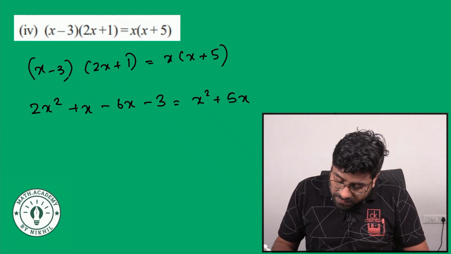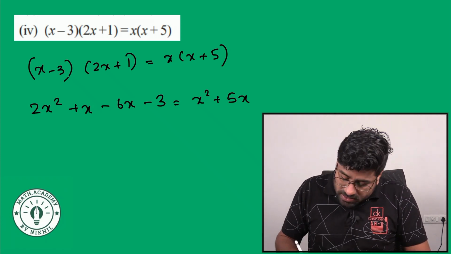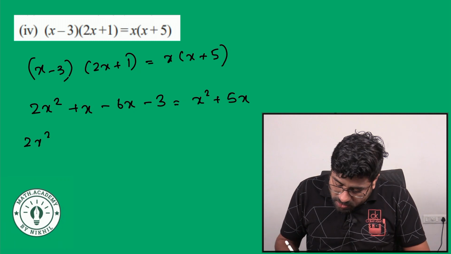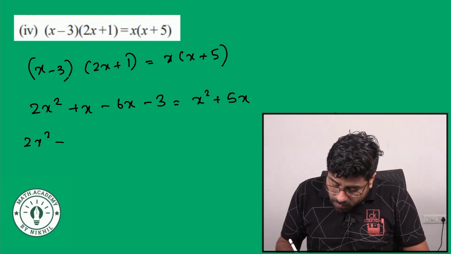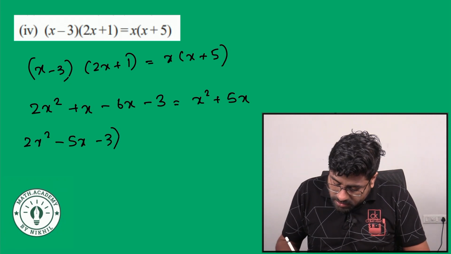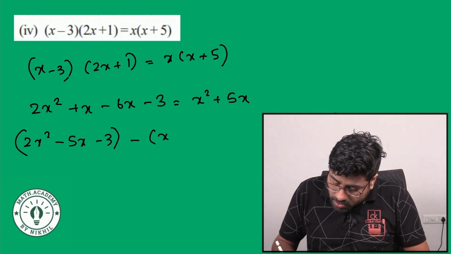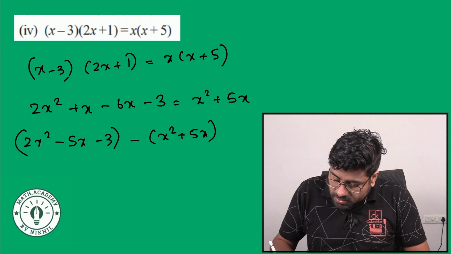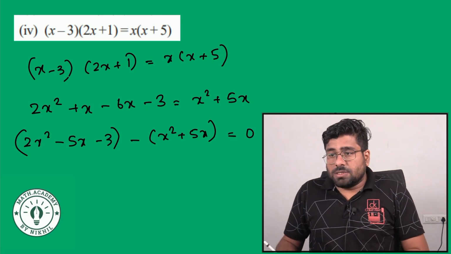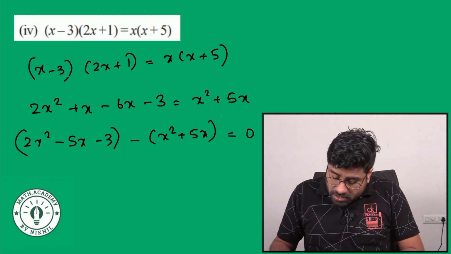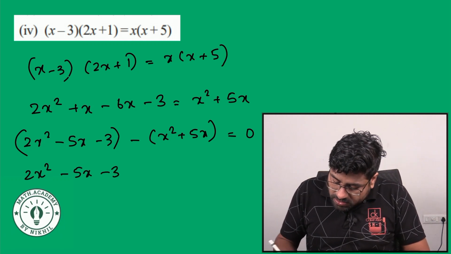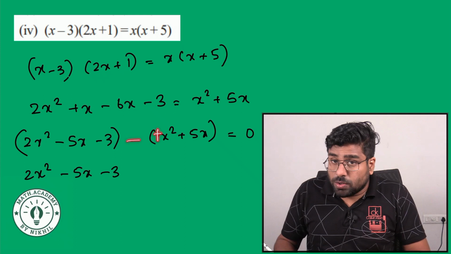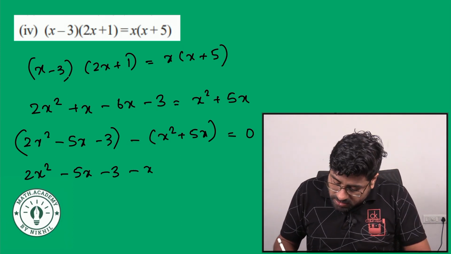Now let's take all the RHS to my LHS. So this is going to be 2x square, and I'll simplify plus x and minus 6x as minus 5x, minus 3, minus of x square plus 5x. So this is going to be my expression. Let's open the bracket. Minus of plus is going to be minus, so this is going to be minus x square.